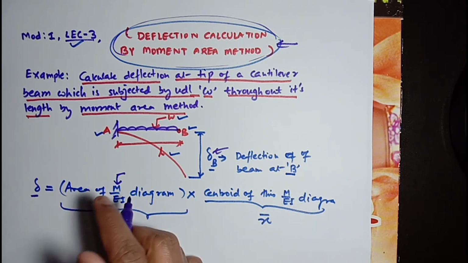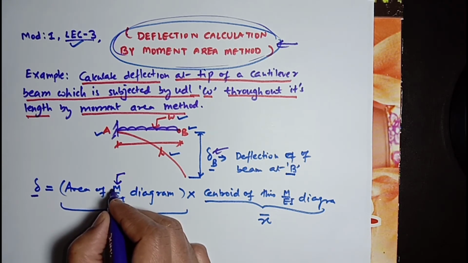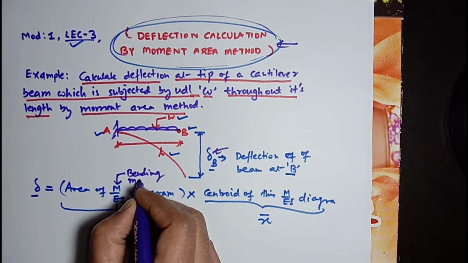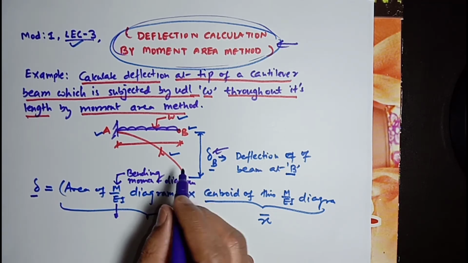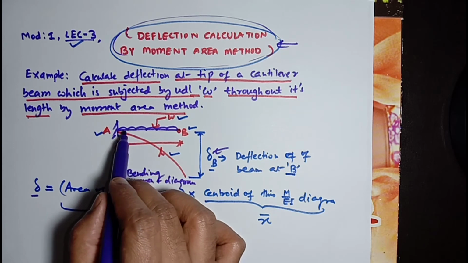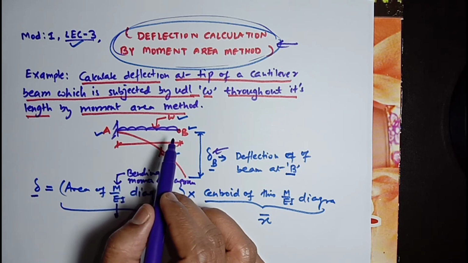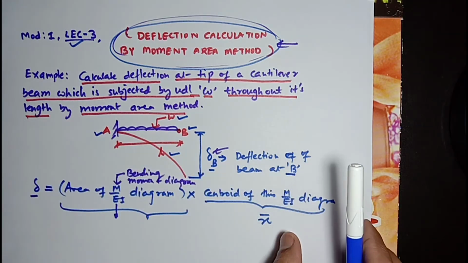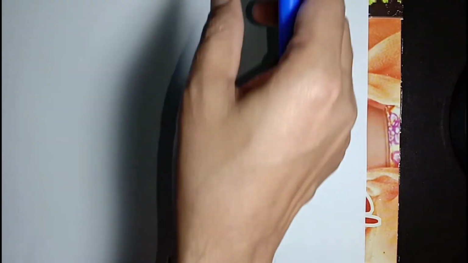First part: before deriving the M over EI diagram, we need to develop the bending moment diagram, that is the M diagram. For a cantilever beam which is subjected to UDL over the entire length, it is very easy to find the bending moment, and you can easily understand how a bending moment diagram can be generated.